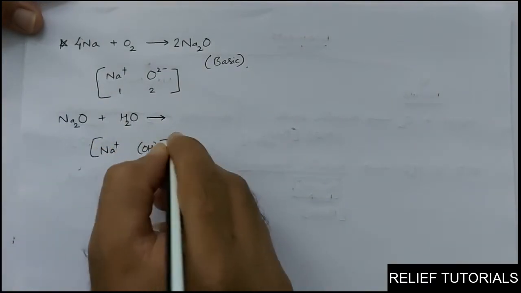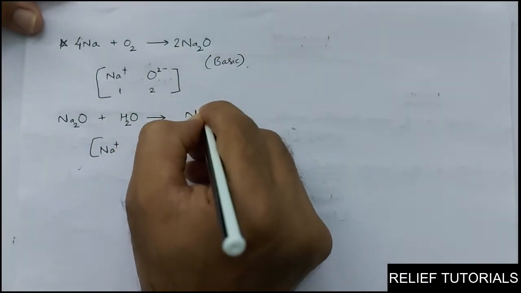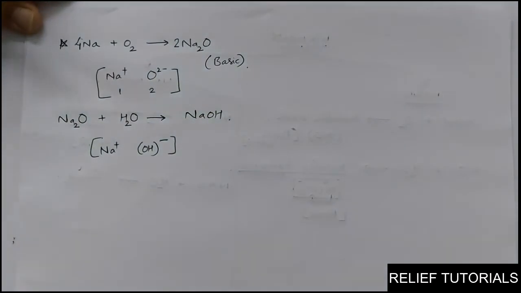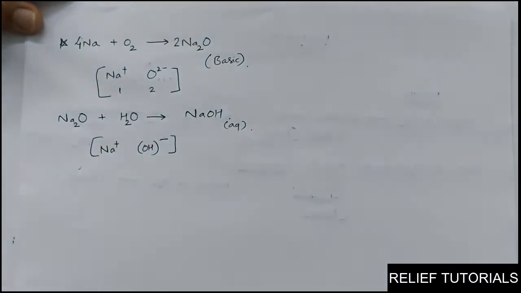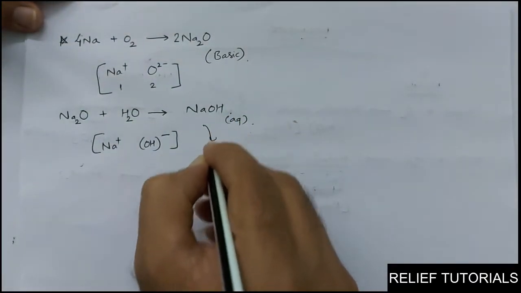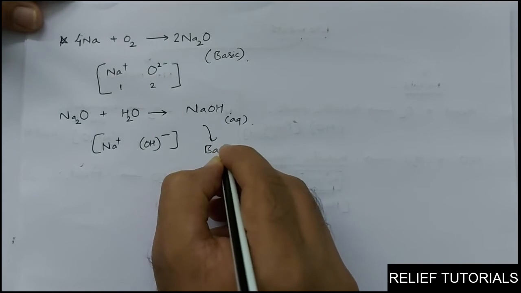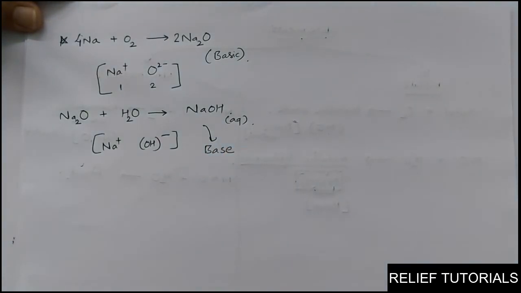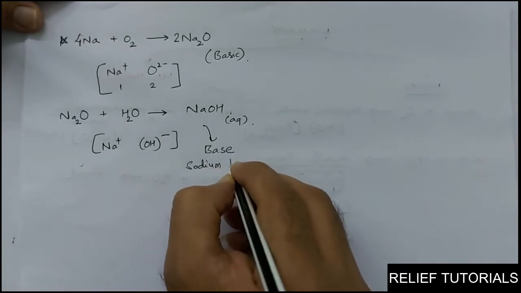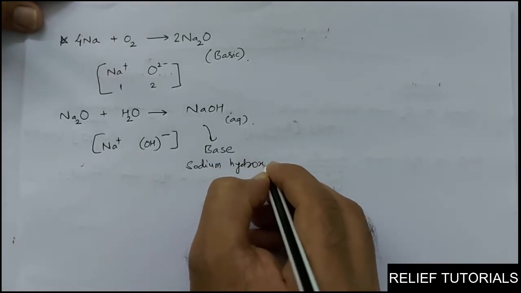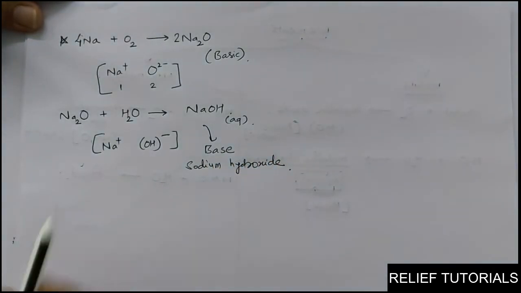So Na plus and OH minus form NaOH, sodium hydroxide. This is an aqueous solution of sodium hydroxide, which is a very important base. Is it balanced?